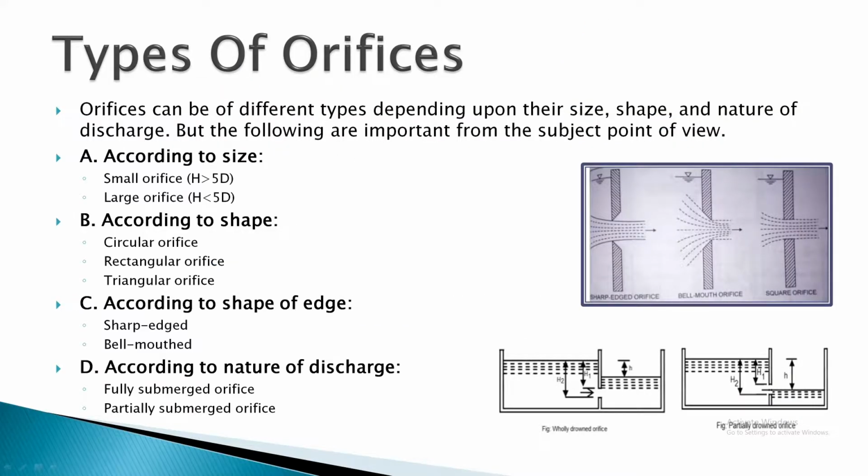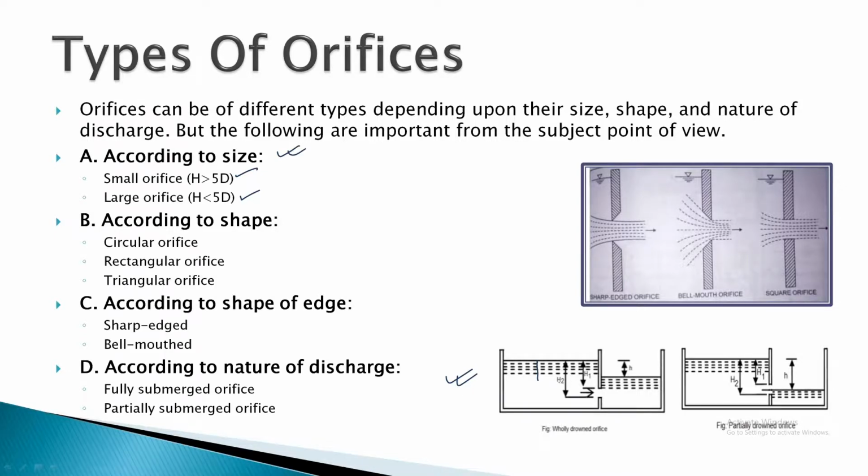So what is the classification of orifice? If we classify according to size, one is small orifice, another is large orifice. So what is small orifice? Where the H, that means the head, and what is head? You can see in this diagram, here it is H1 and H2, that means the top portion of the orifice is H1 and the bottom portion of the orifice is H2.